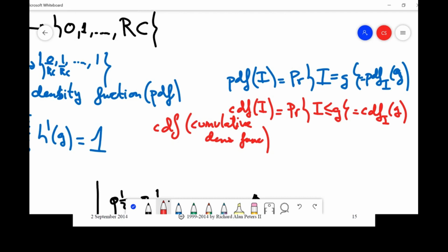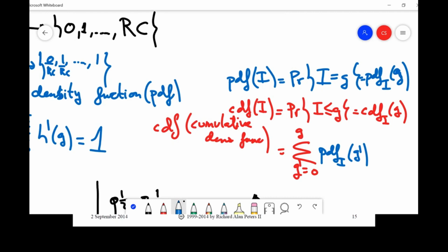And we know that there is a relationship between the CDF and the PDF. So what do you have to do? You simply have to sum, from G prime equals 0 to G, the PDF of I prime. So if I want to compute what is the probability of being smaller than 12, what I have to do is take the probability of being 0, 1, 2, 3, up to 12.